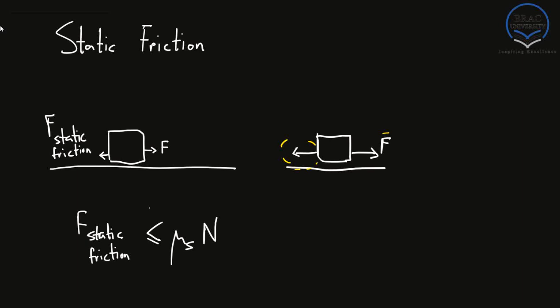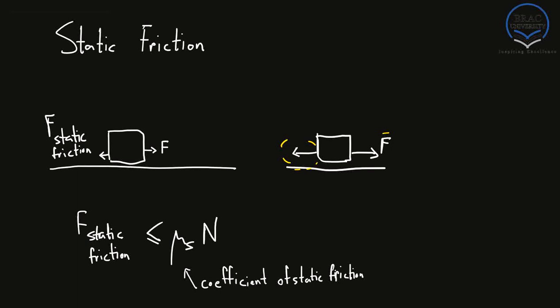Mu s is obviously called the coefficient of static friction, and the maximum value of static friction is proportional to actually the normal reaction force. Now when a body starts to slide, the frictional force graduates to the kinetic friction, and it turns out that the kinetic friction, which is given by mu k n, right, turns out to be less than mu s n.